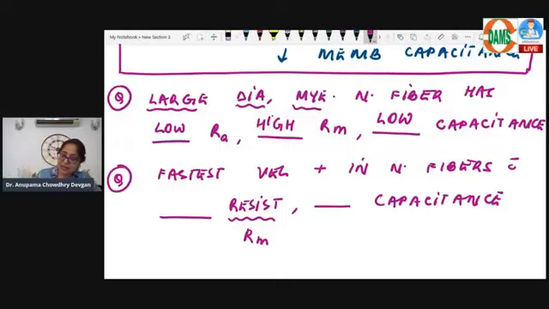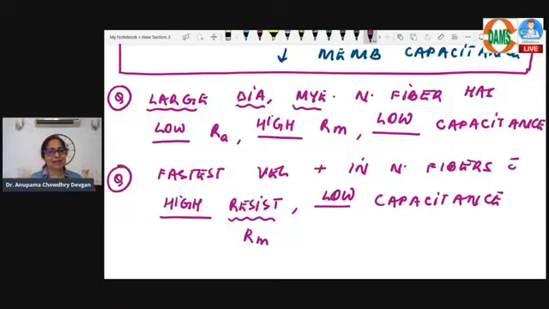Now that means fastest velocity will be seen in a nerve fiber with high resistance and low capacitance. Please remember, myelin will increase the membrane resistance but reduce the capacitance. A cell membrane by itself has a high capacitance, but the moment you add myelin, you are increasing the resistance and decreasing the capacitance.